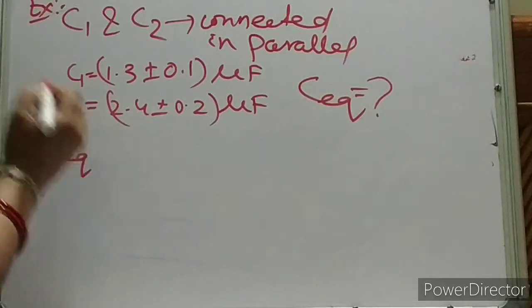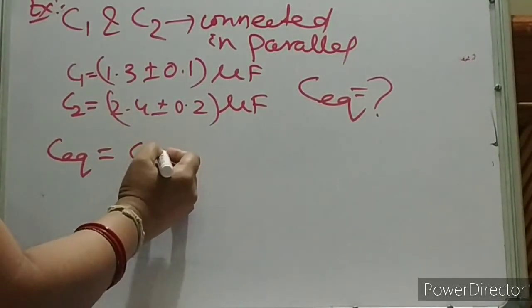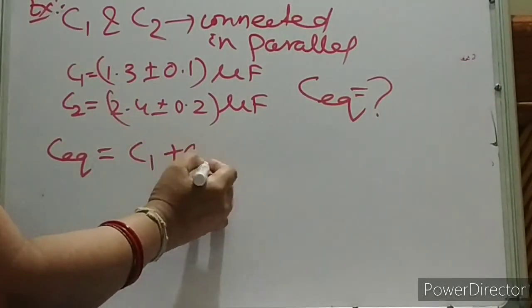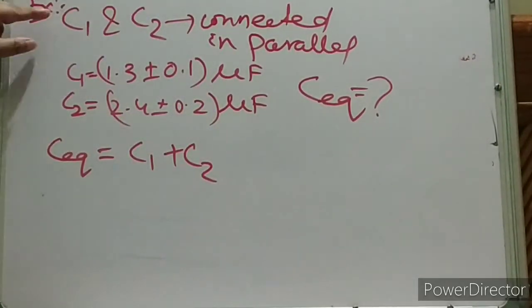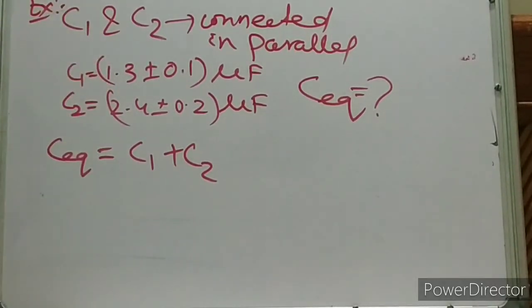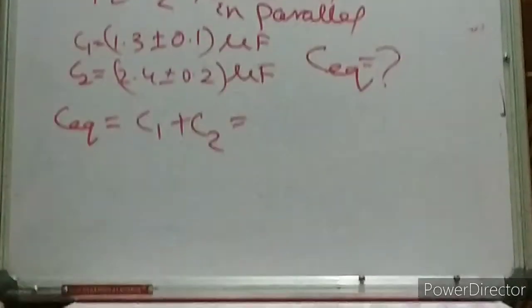Equivalent capacitance, when it is parallel, you have to just add it, like how you add resistances in series, same formula. When both the capacitors are in parallel, you have to just add it. So it will be how much?